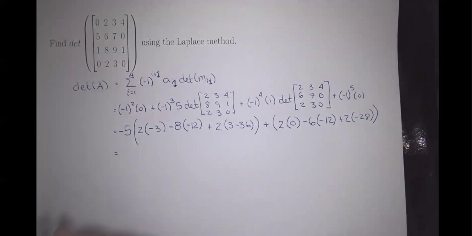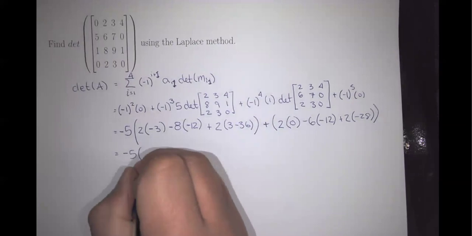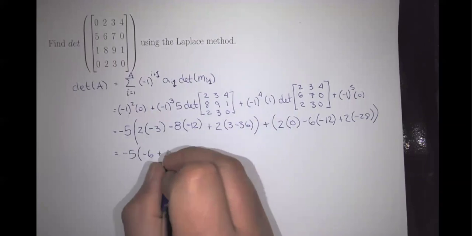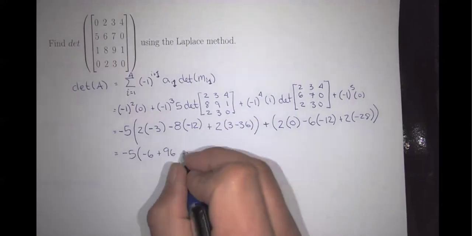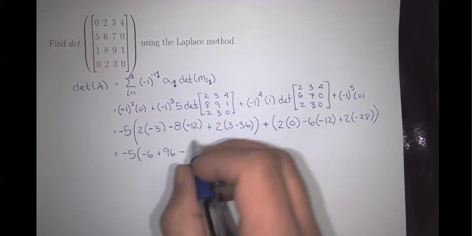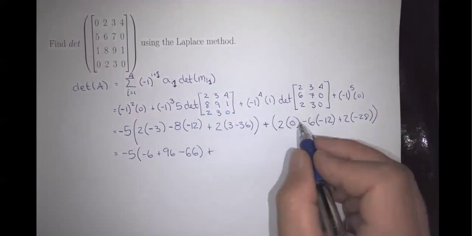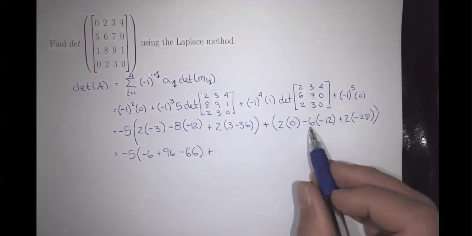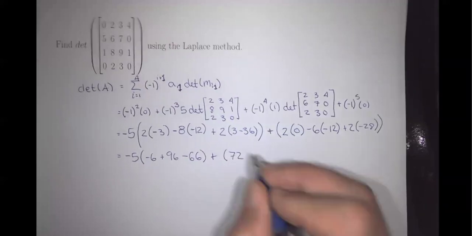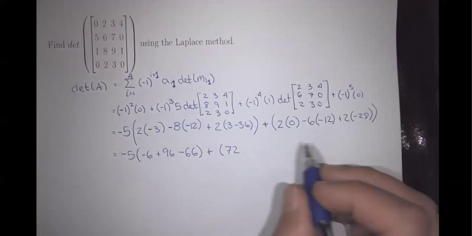So this is -5 times -6 plus 96 minus, so this is 33 is 66, plus, here's a 0, that's fine, that's positive 72, and this is negative 56.